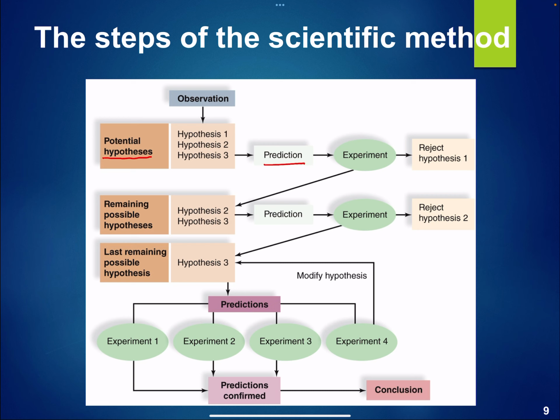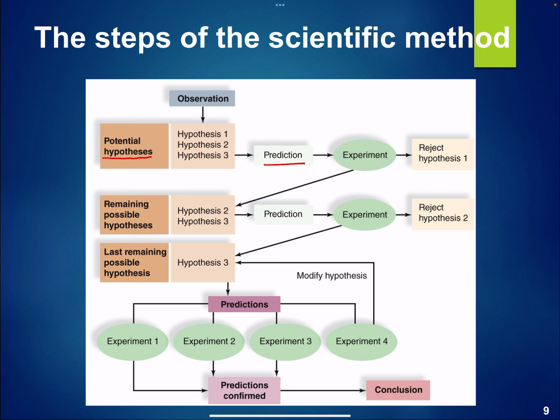That prediction is going to be a way for us to come up with a potential outcome if we execute that experiment. That way, we are going to likely save time, money, and energy. So it's good to have a prediction.